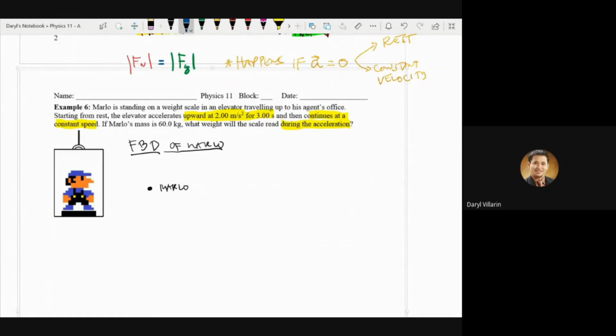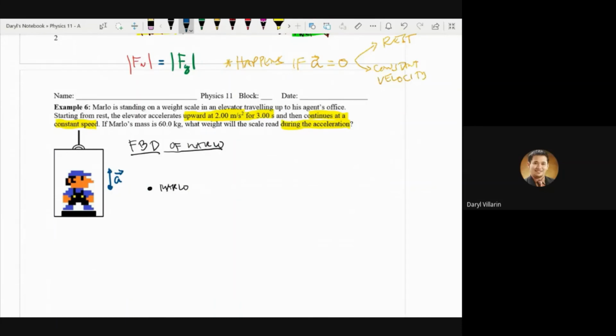So that means that a is here, upward. Here's the thing: for dynamics questions, it's much easier if you take the positive direction to be the direction of your acceleration.